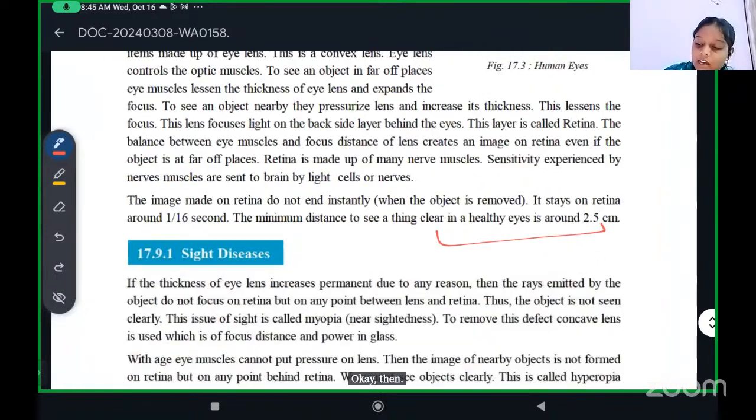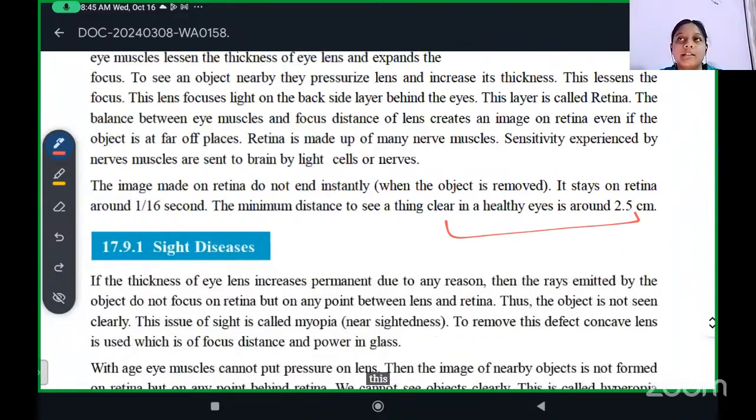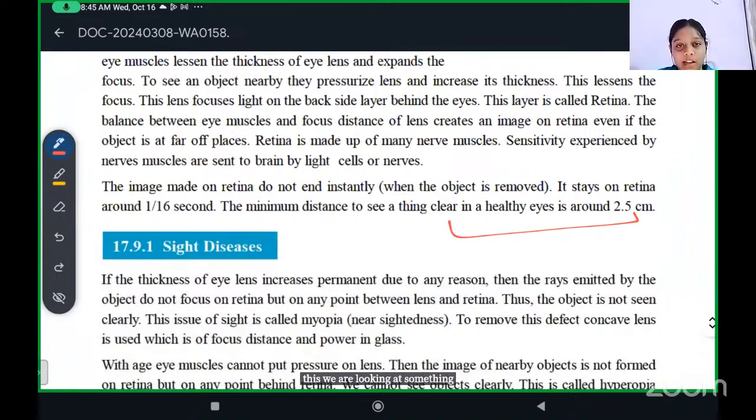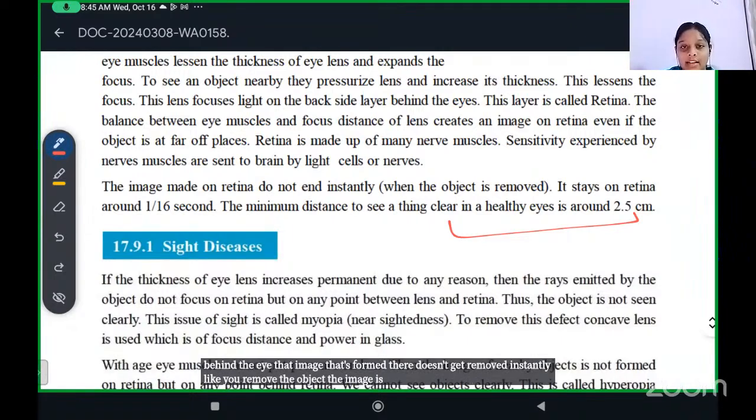Then, if we are looking at something and it's removed from our eyes, the image that forms on the retina behind the eye doesn't get removed instantly. You remove the object, but the image is not removed immediately.